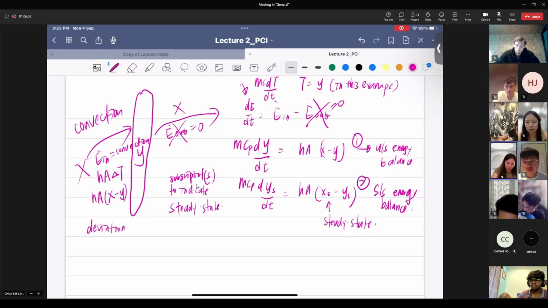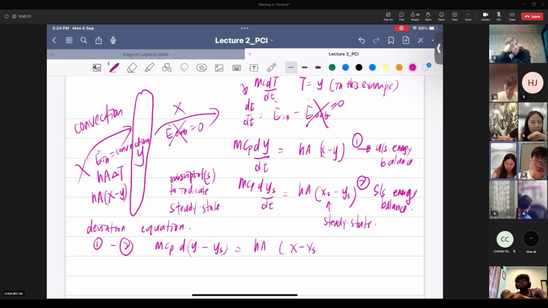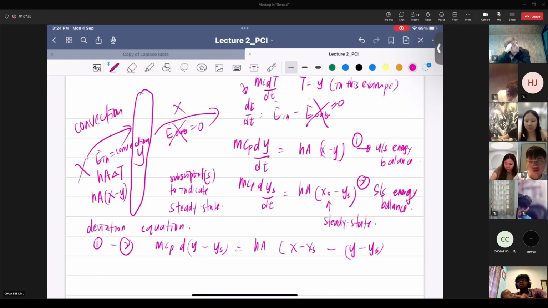So equation 1 minus equation 2: mCp d(Y minus Ys) over dt equals hA [(X minus Xs) minus (Y minus Ys)].